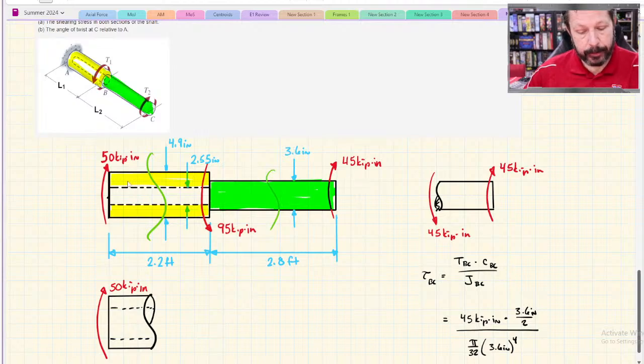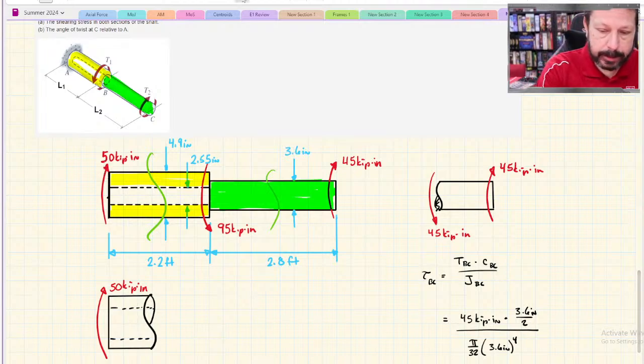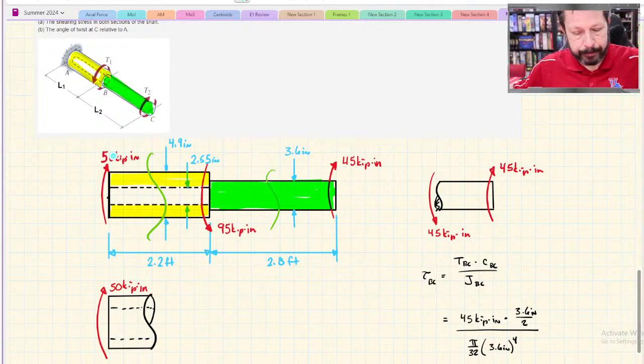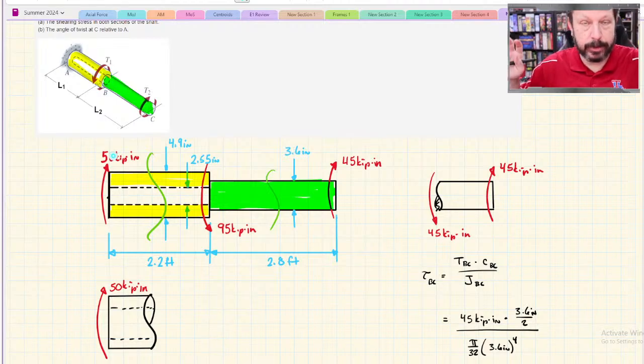But when I drew my free body diagram, I disconnected this set of shafts from the wall, and I had to replace the wall with what the wall was doing. So I made the whole thing in equilibrium, which meant there had to be 50 kip inches going, what I've shown as up, to balance out all of the torques here.